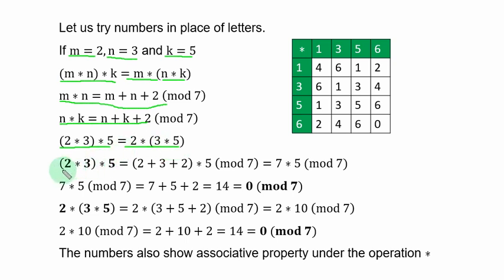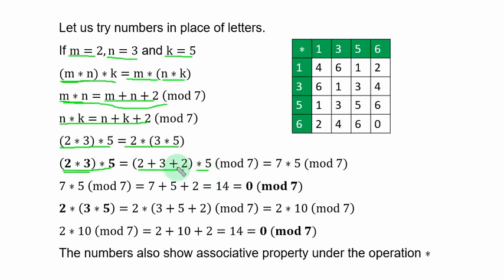So we take the left hand side. So let's relate this to this. Here we can say that 2 asterisk 3 is simply 2 plus 3 plus 2. You see that? This is what you have here. Then asterisk 5 modulo 7.